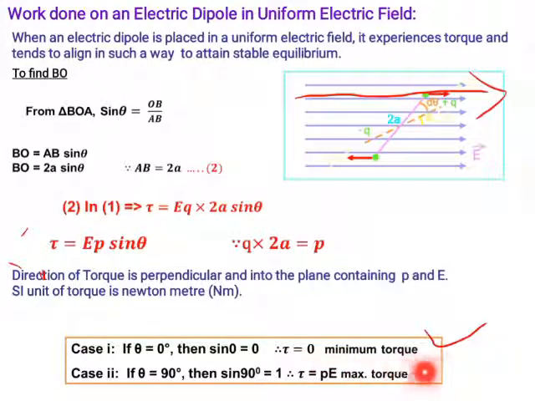The moment of force is maximum here. This is possible when the dipole is perpendicular to the electric field. If we keep the dipole perpendicular to the electric field, then we observe maximum torque.